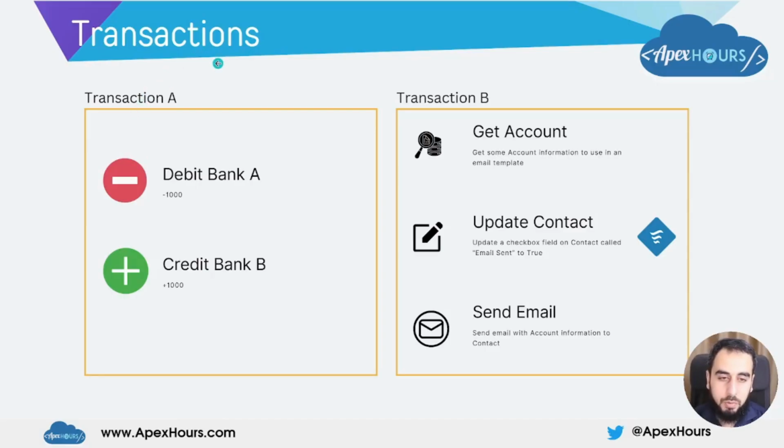Now, a very important question to ask is, when does a transaction begin, and when does it end? Let's say that we have a flow, and in the flow you have a start element, and at the end you have an end element. Does that mean that the start element is the beginning of the transaction, and the end element is the end of the transaction? It's not the case, but let's simplify.